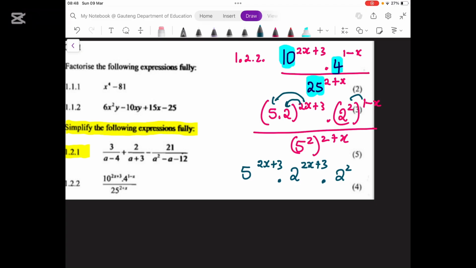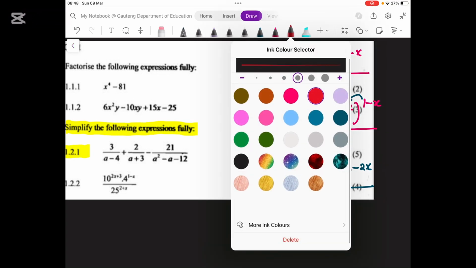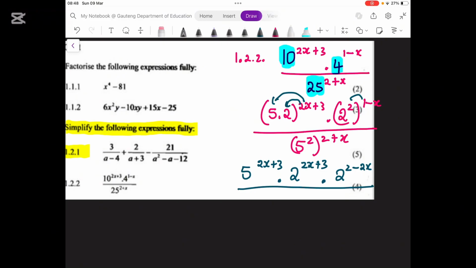And then 2 times negative x, it will be negative 2x. All divided by, so again, we remove the bracket, we are going to have 5. And then we have 2 times 2, which is 4. And then we have 2 times x, which is plus 2x.